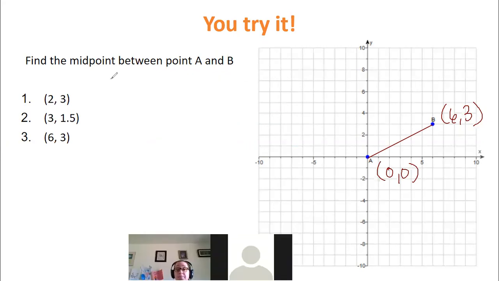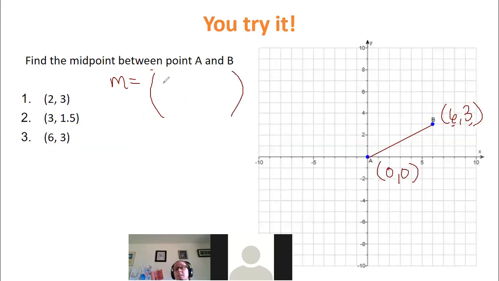Piper, question? The midpoint is 3? One of them could be 3. No, you know what, Piper? You're thinking real. Basically, you're finding half of X and half of Y. Honestly, that's what we're doing.